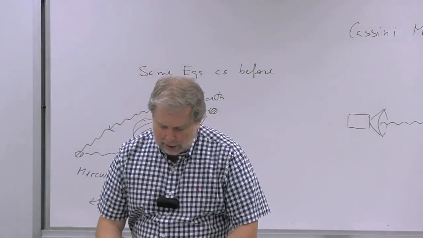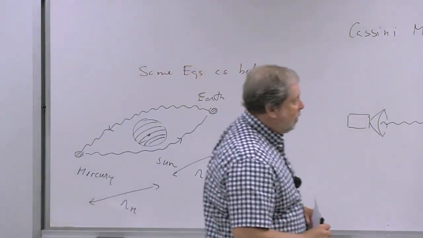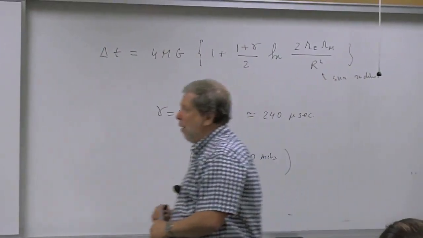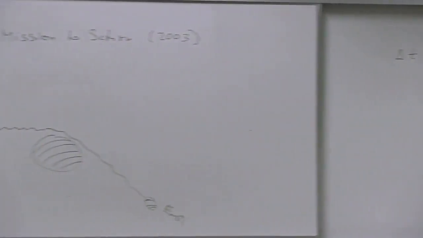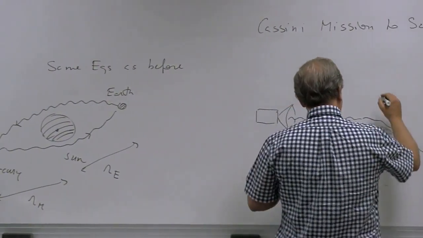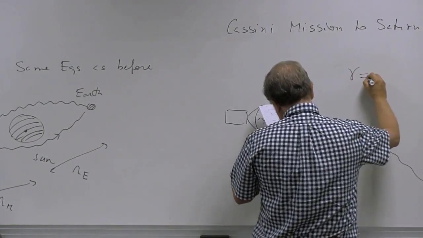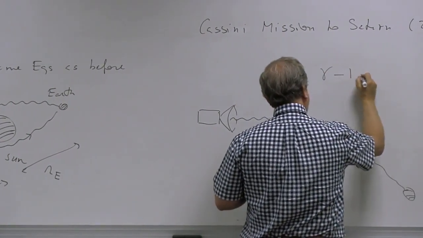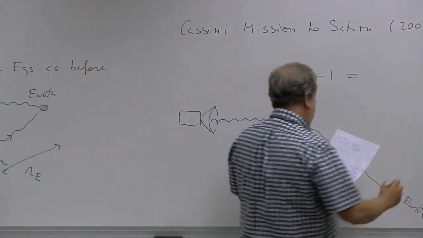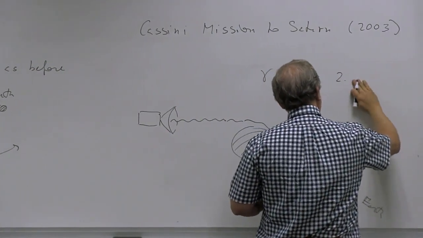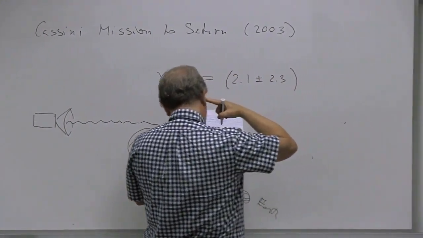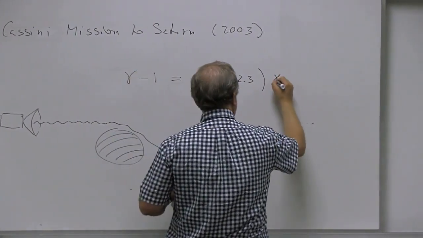And so the result of the Cassini mission is actually that, what does it determine? Well, of course it determines gamma, right? Now we have a very clean handle on gamma, which is much better than deflection of light by the sun from various stars, and gamma is constrained from the Cassini mission to be, so it's usually quoted as the deviation of gamma from the GR value, which is 1, and so it's 2.1 plus or minus 2.3, right, times 10 to the minus 5.